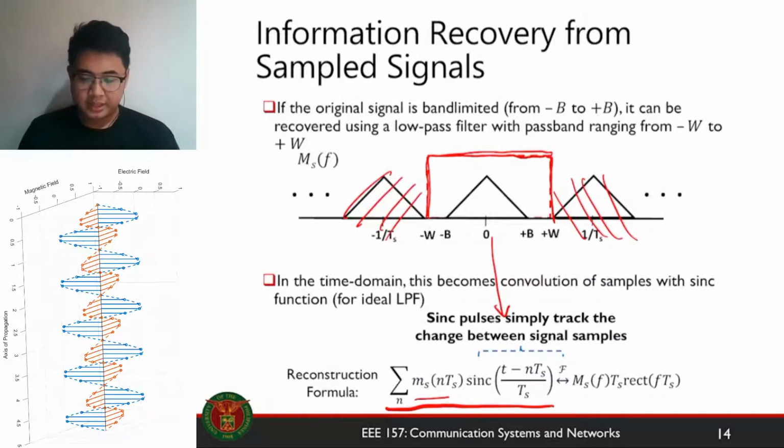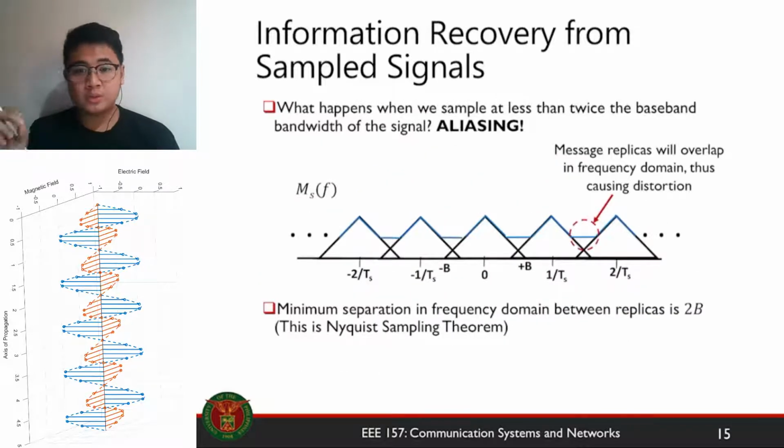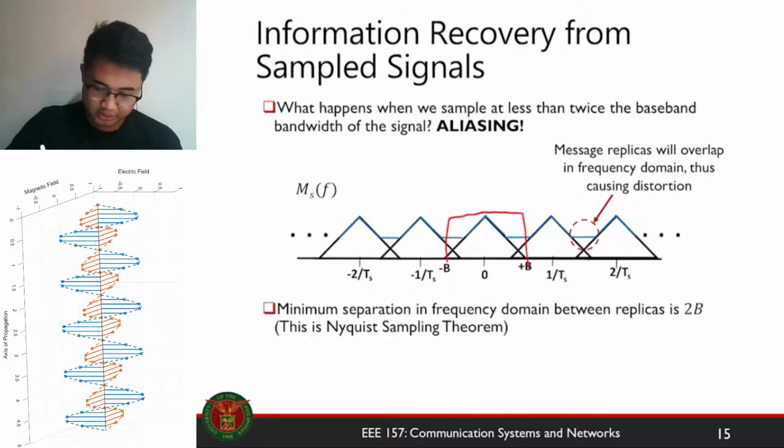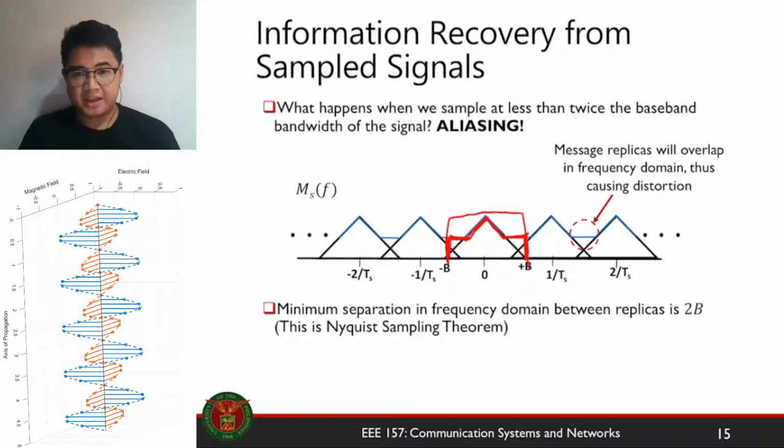Now, if you sample too slow, the replicas will overlap with each other. And when the replicas overlap, if we try to recover the original signal, you will only get this signal shape right here, which is not the same shape as the original signal. This is already some form of distortion.